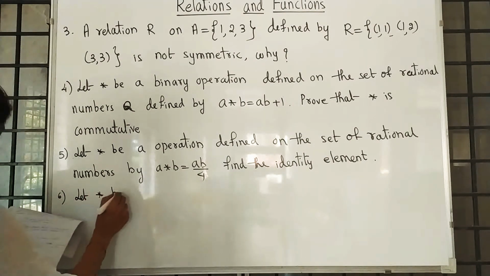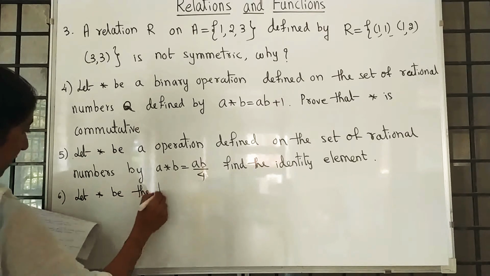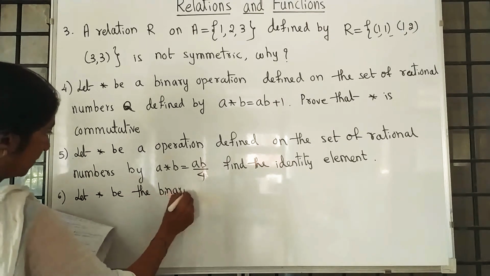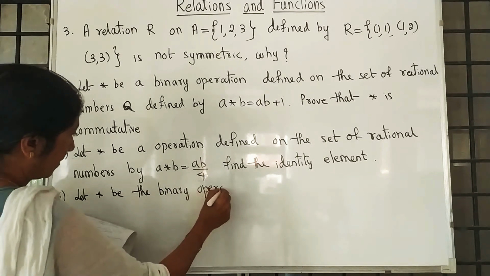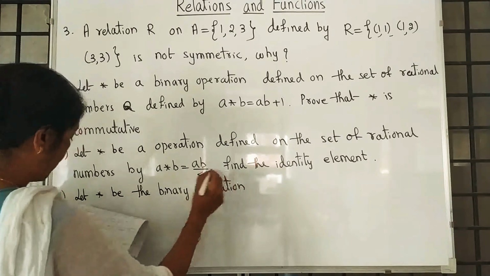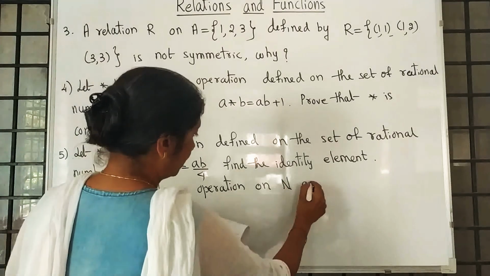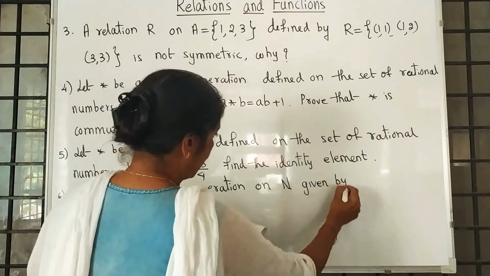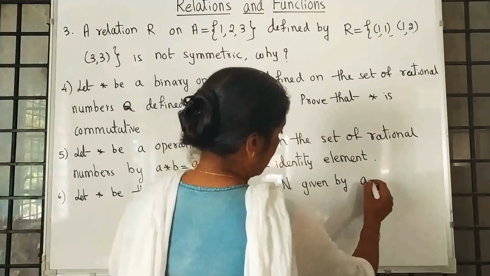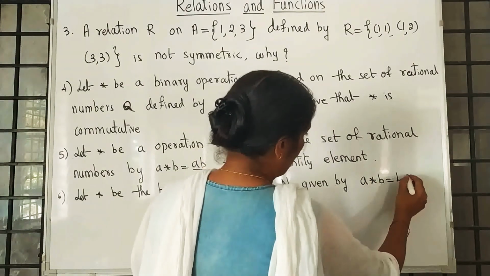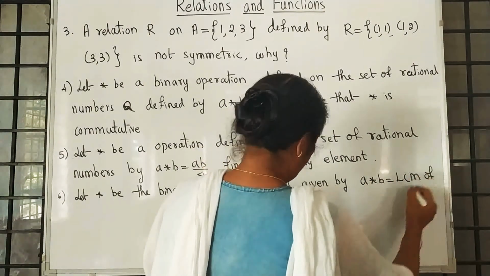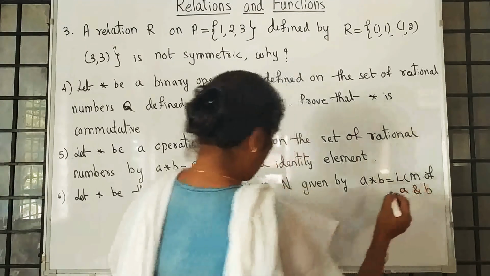Sixth question. Let star be the binary operation on N given by a star b is equal to LCM of a and b.